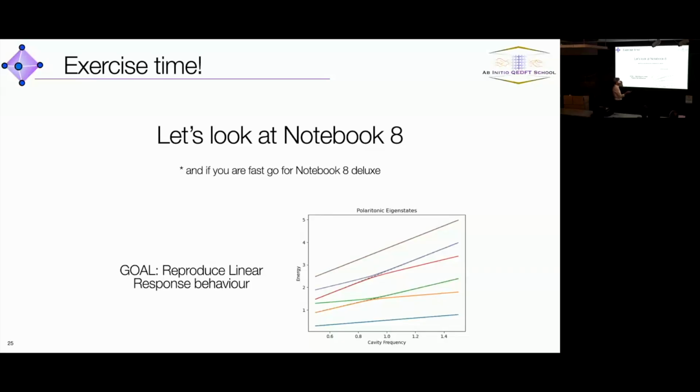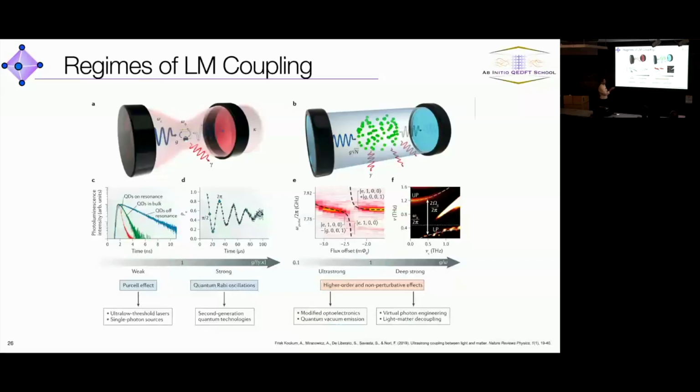And if this width, which tells you about the losses of these branches, is larger than the Rabi splitting, which is quantified by this g, then you're in weak coupling. So g divided by the width, if that is smaller than 1, defines weak coupling. In this weak coupling regime, what you can expect at most is enhancing, for example, your transitions. So you can get, for example, more light out from a photoluminescent system.